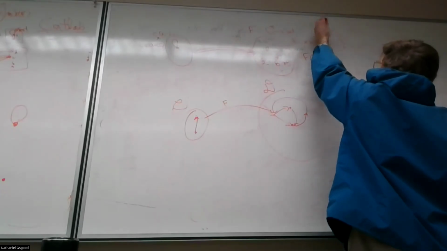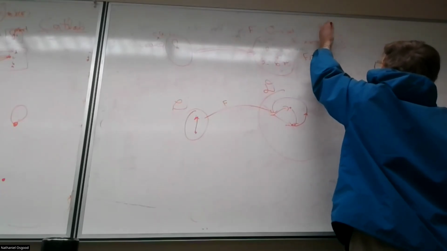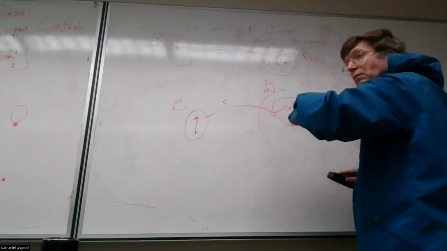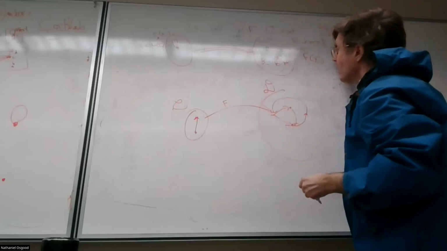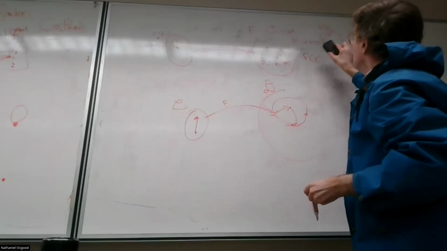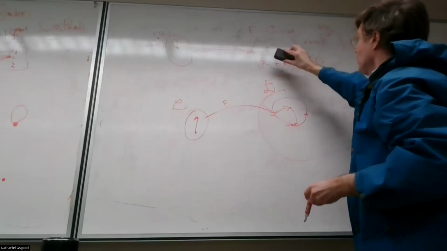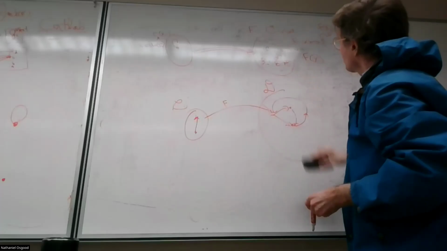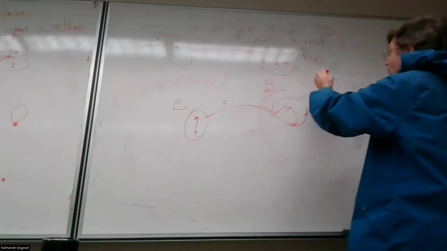This set is F of X. This is the set of L's in here. This is a functor from C up to Z, so it is a set of L's.